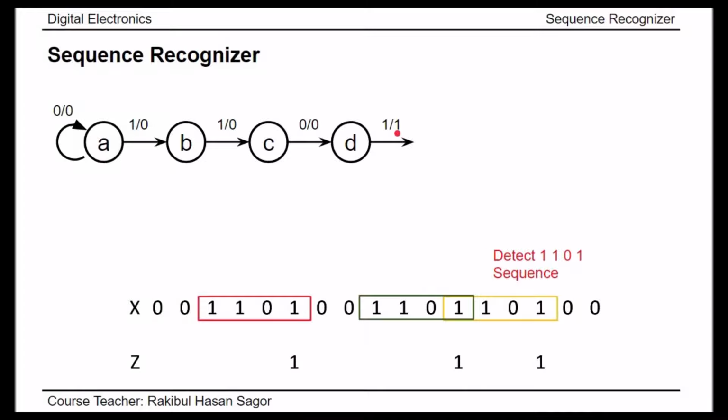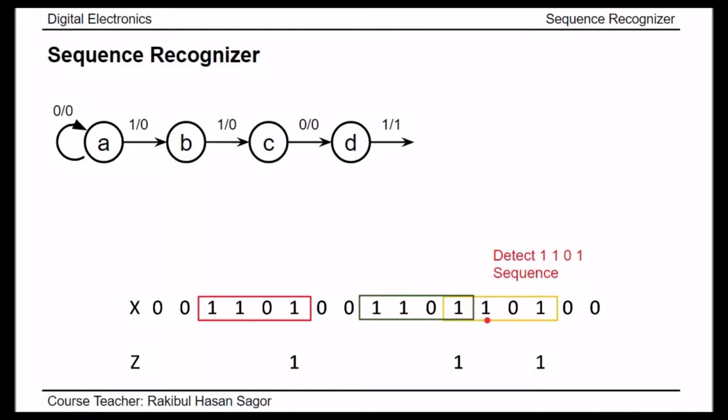But what will be the next state? In order to get the same sequence, the next state can be merged to A. That means it will start from the beginning and it will search for 1, 1, 0, 1. But if the next state is connected with A, then there is a problem. Already we have got a 1 from D, and if we reach A, then again if we start for this sequence, here this 1 is already there.